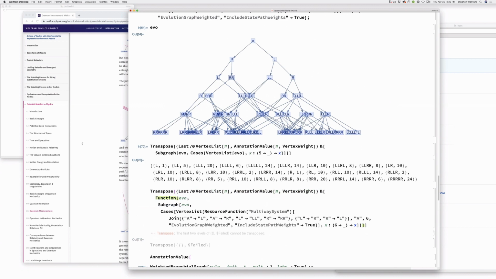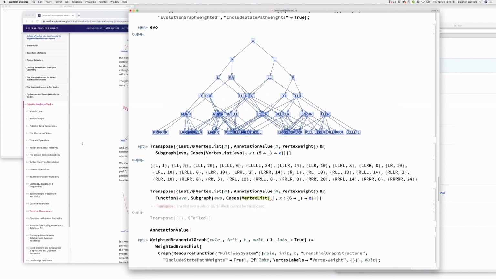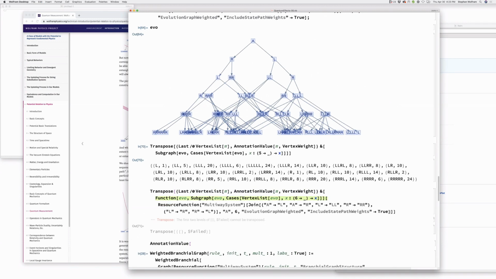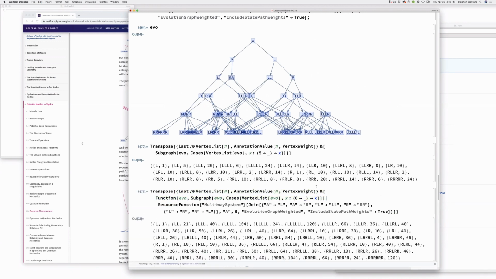And then here, all right, subgraph function EVO. Close for the function, apply to this. Okay, that worked. Okay, good.